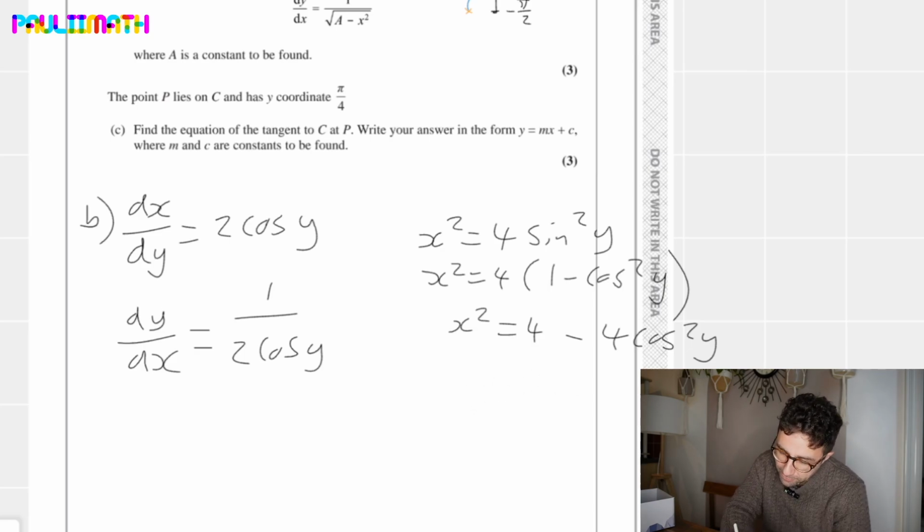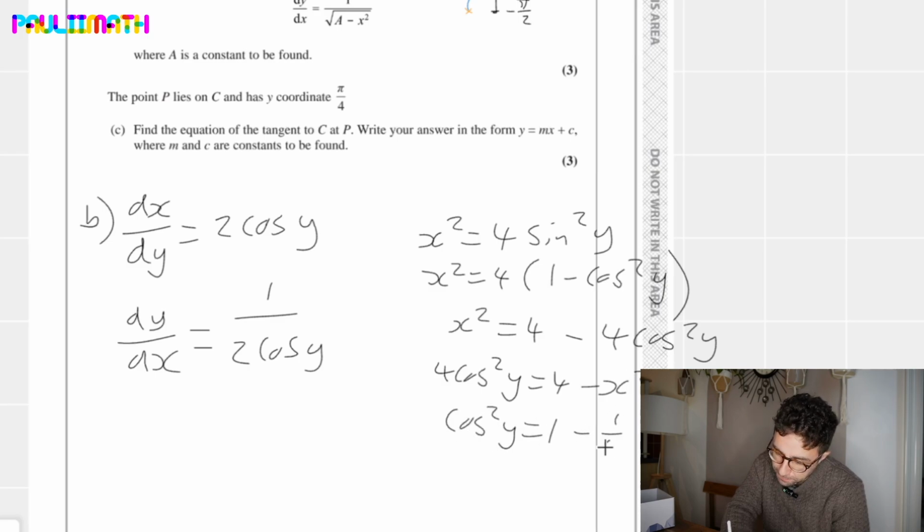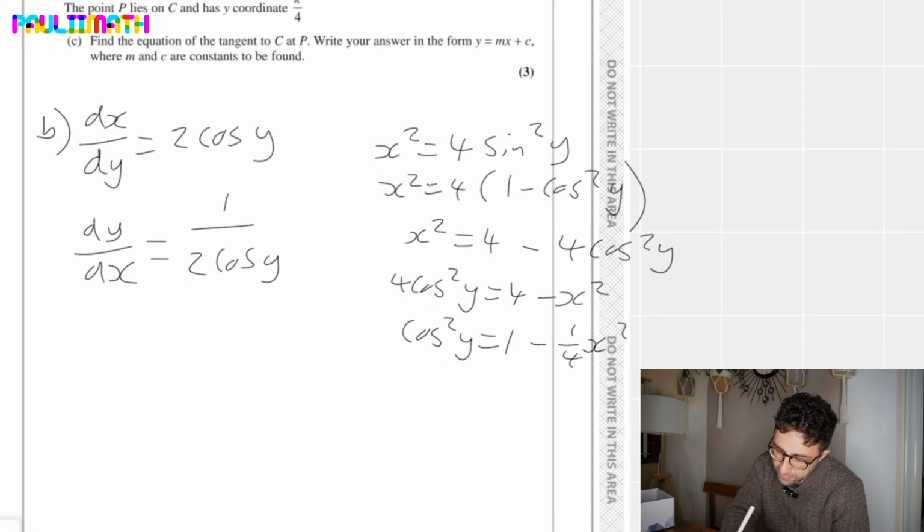There's no point, it's a false economy trying to skip lines of working. I would get you guys in trouble for doing that, so let's do it all nice and accurately. There you go, square root of 1 minus a quarter x squared.